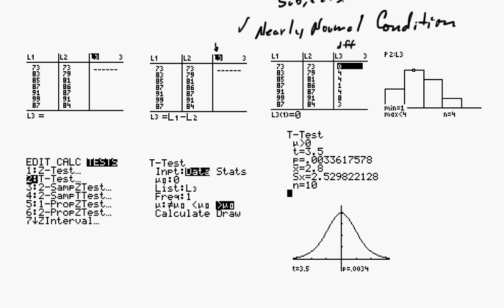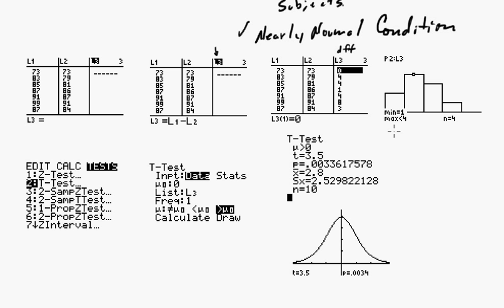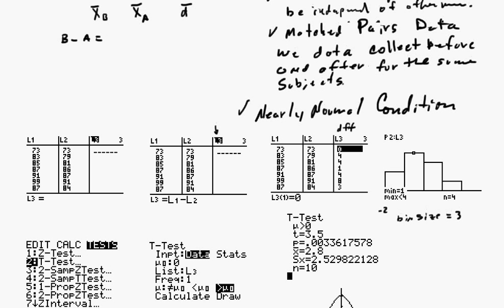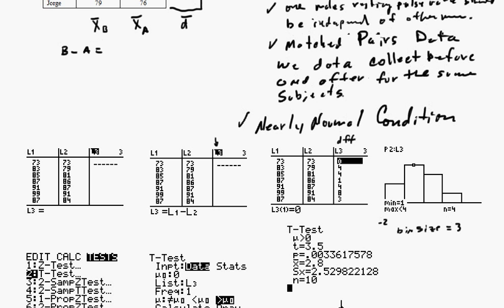And then I can do a stats plot. And I had to play around for a while. But you can see here's my histogram. I think I started at -2, and my bin size is equal to 3. So it doesn't have to be perfect, but I played around with it just a little bit, and I got something that looks a little bit unimodal and reasonably symmetric for such a small sample size.